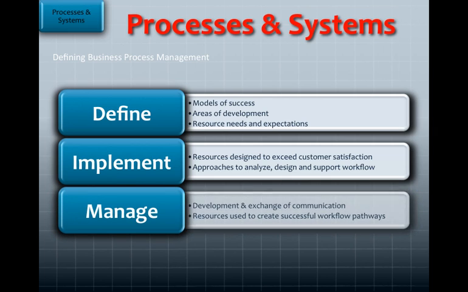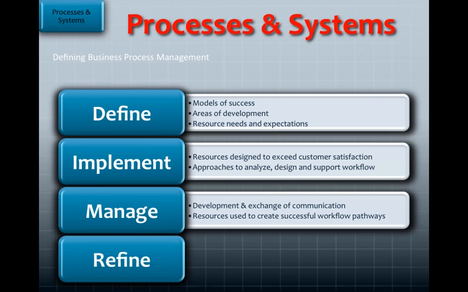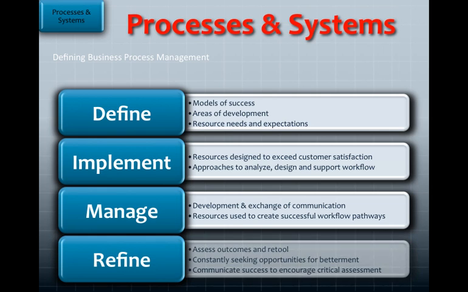Management is extremely important. We're looking at taking the resources and then trying to create these successful workflow pathways. And then refinement, the retooling of what we do, the ability to assess the outcomes and then communicate success to encourage critical assessment later on in this process.